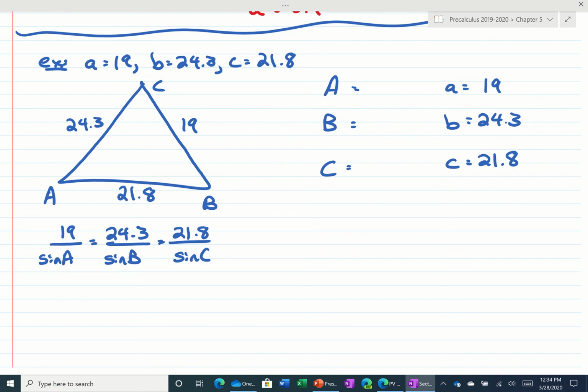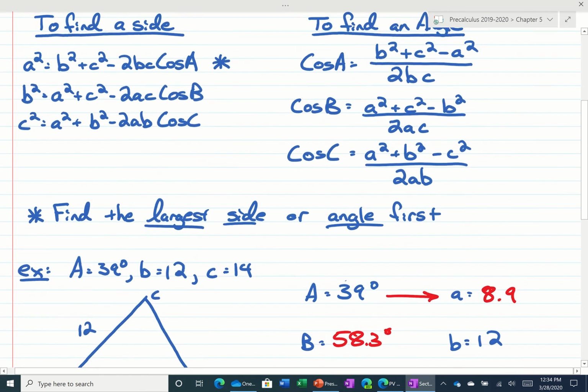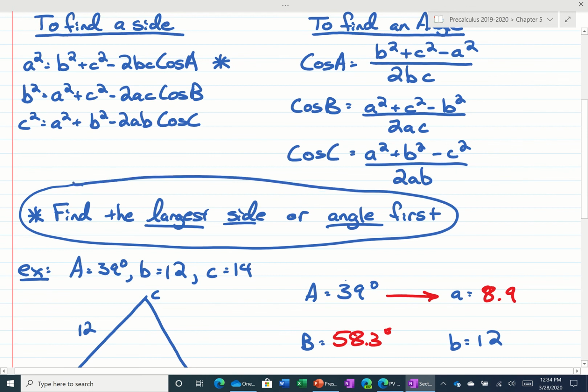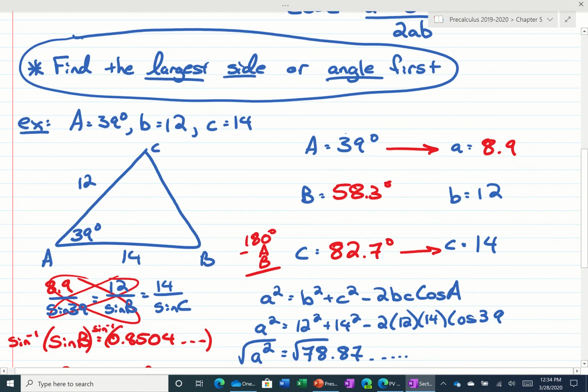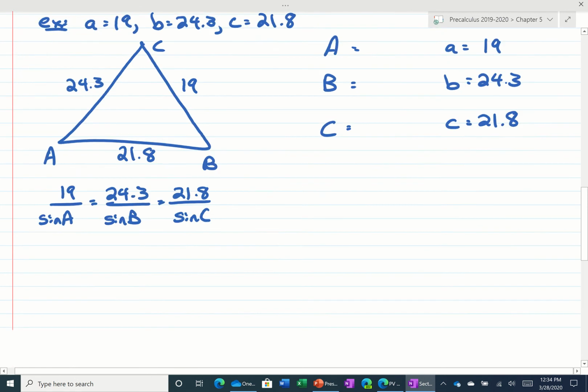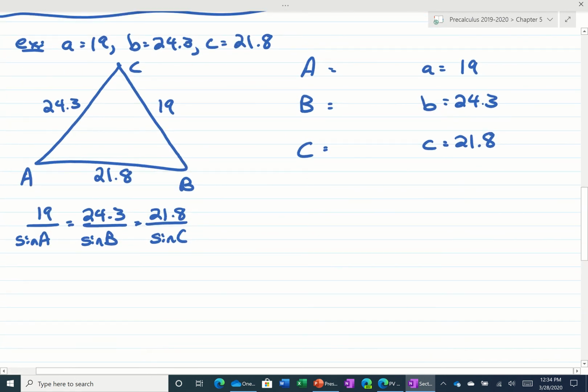And remember what I told you, we always want to try to find the largest side or angle first. If you don't remember that, sometimes you could wind up with an answer where the largest angle is not opposite the largest side, and that would be a wrong answer. So the largest angle here would have to be angle B, because that has the largest side.